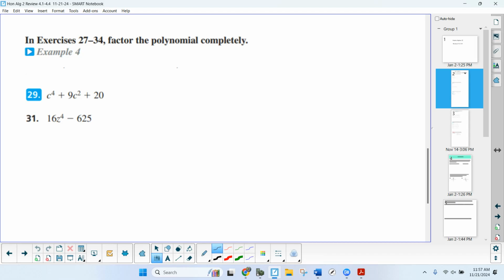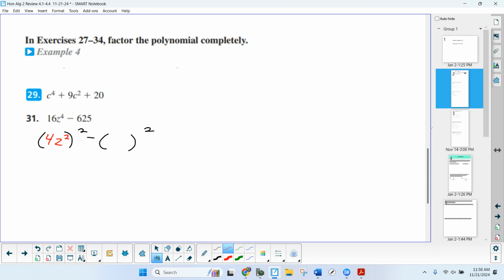So first thing I did on 31 is I asked myself, do I have a GCF? Did anything go into 16 and 625? No. So now I said, okay, I have a binomial with a minus. I've got to see, do I have a difference of squares or a difference of cubes? Squares. Now, I'm kind to you on the numbers on the test, but this one I think you should know. What multiplies together to give you 16z to the 4th? 4z squared.